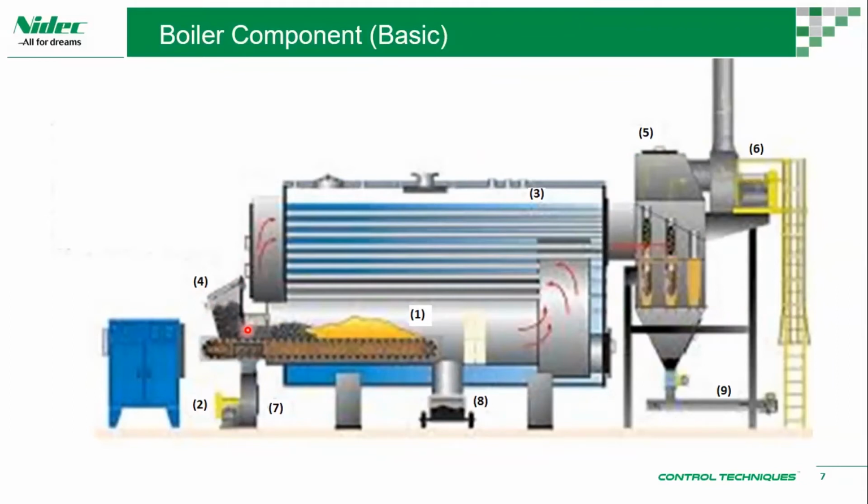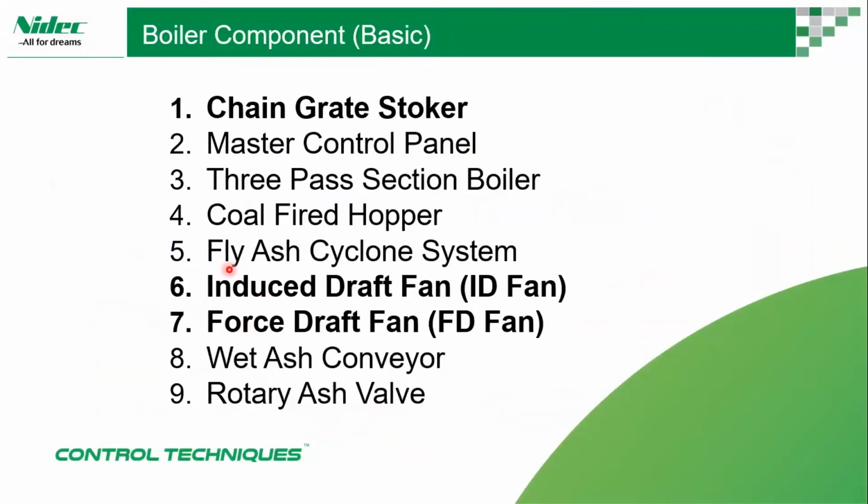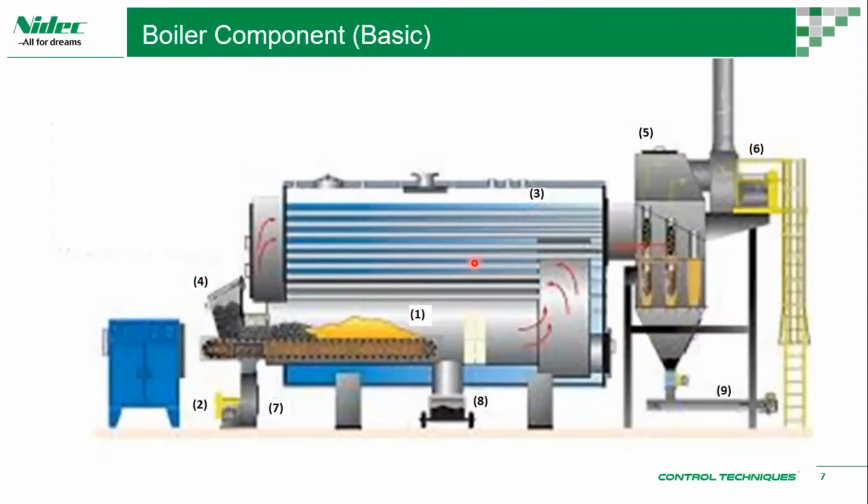I have another one, the fly ash cyclone system. Remember the excess gases after the combustion process? The gases go out to the chimney, and before they go to the environment, we need to make sure the gas is as clean as possible for a good environment.